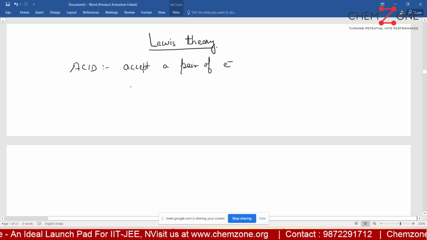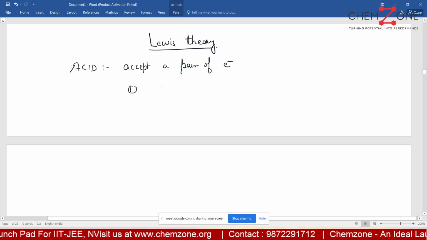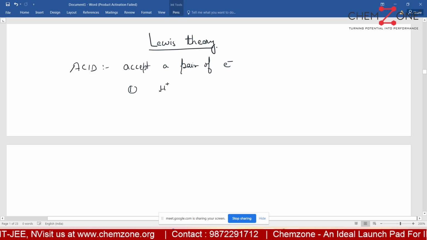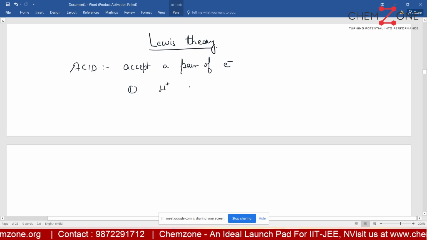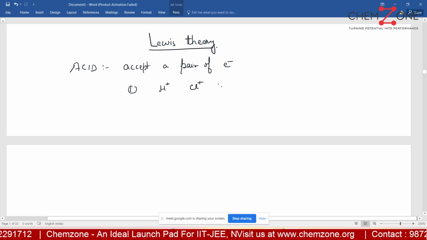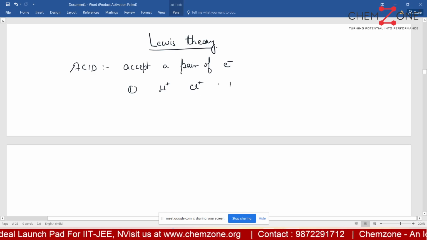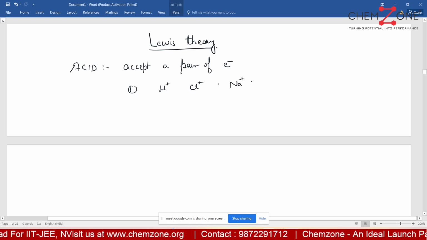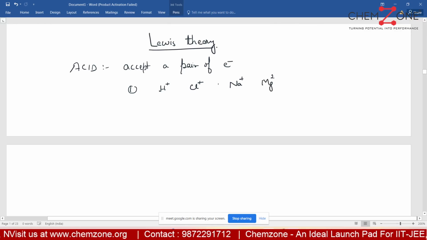For example, any positively charged species will be attracting electrons. So it is a Lewis acid. Cl positive ion, H positive ion, or any other positively charged species like Na positive ion, magnesium ion.